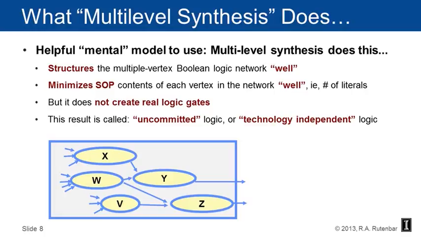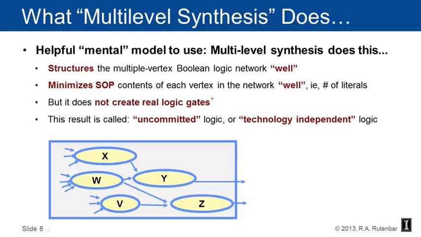And so, following up on that, as it optimizes the macroscopic structure of the logic network, it minimizes the sum of products contents inside each vertex, so that the two-level form that each vertex wants to implement is also well structured in terms of the number of literals, and the macroscopic graph structure is also good.